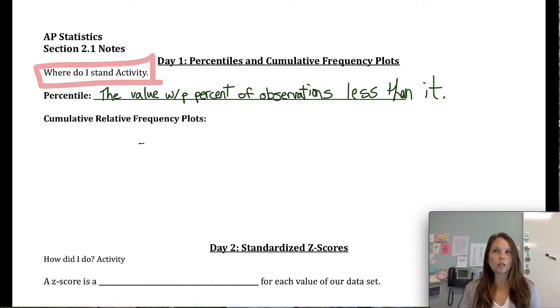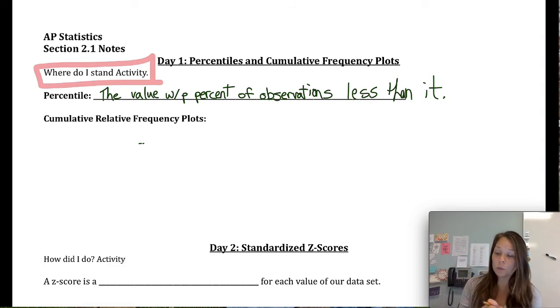You often hear this language at the doctor's office, where they'll take your height, your weight, and your gender, and they might do a couple of other things, and they'll say, well, overall you are at maybe the 60th percentile. That means if you were to compare all the people with your same gender and height range, that percentage of people are smaller than you in terms of weight, and then you're at that value.